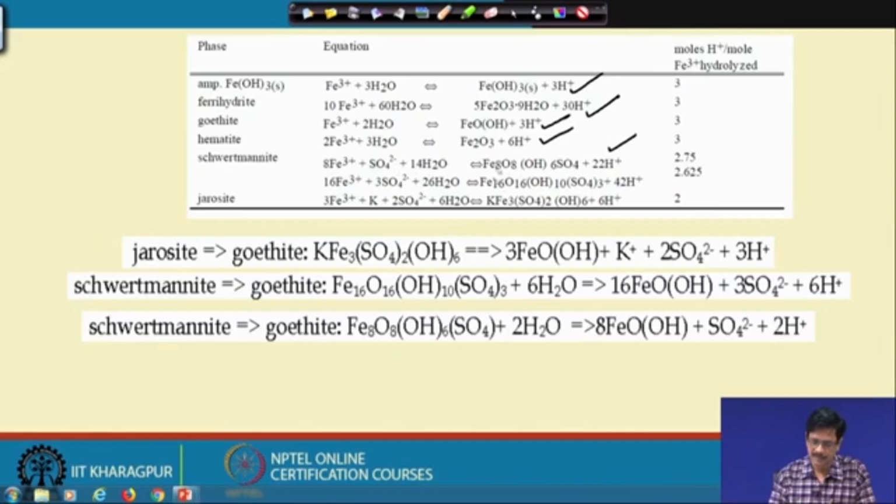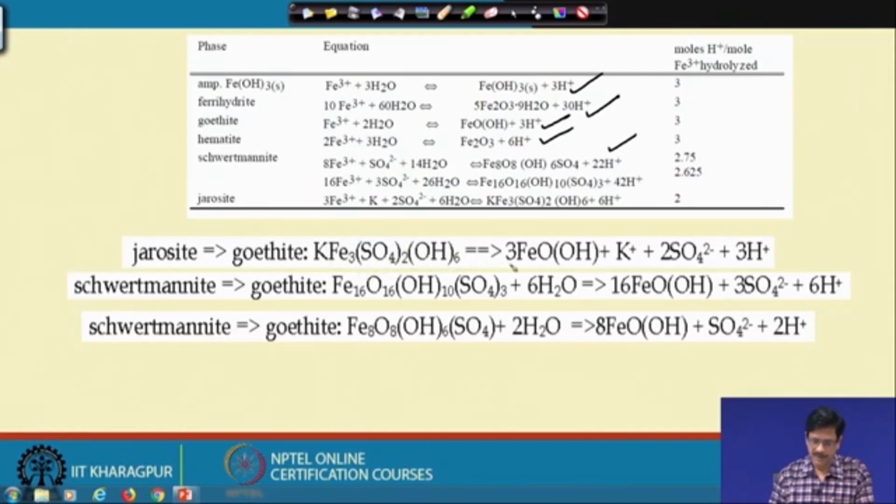So, swartmanite can be written in 2 different ways. So, this is jarosite. Now, what exactly happens? We can see through this kind of reaction that suppose this is the formation of goethite from this compound, which is your alunite, jarosite.